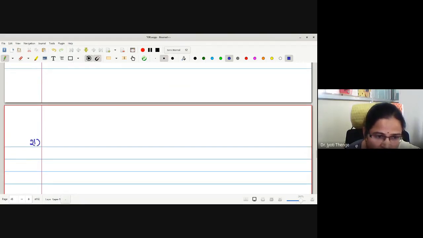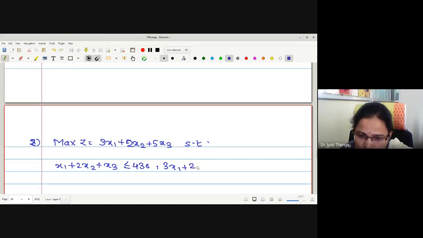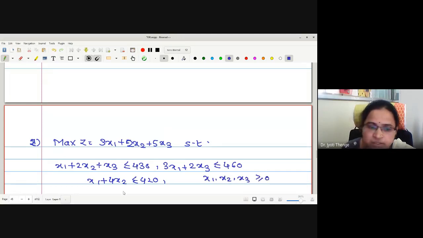Second example: maximize z is equal to 3x1 plus 2x2 plus 5x3 subject to the constraints x1 plus 2x2 plus x3 less than or equal to 430, 3x1 plus 2x3 less than or equal to 460, x1 plus 4x2 less than or equal to 420, x1, x2, x3 greater than or equal to 0.